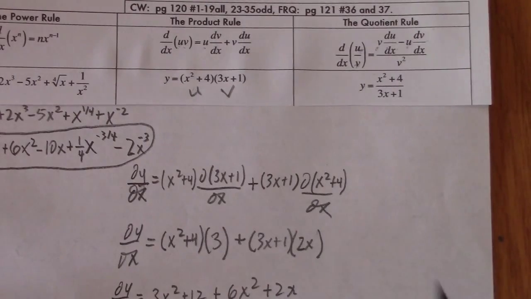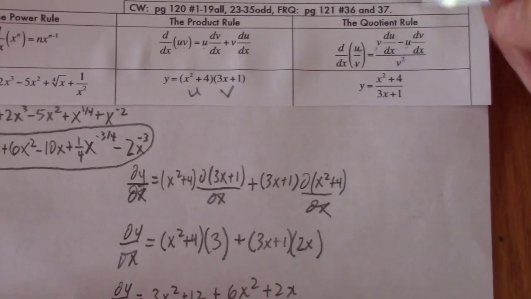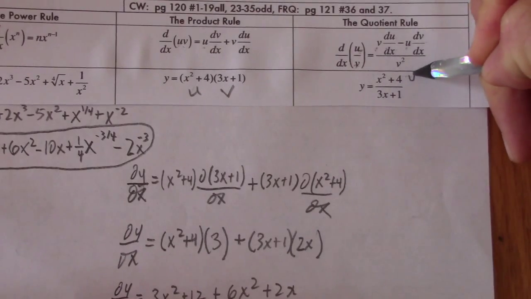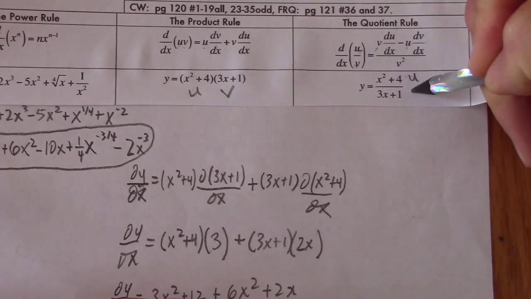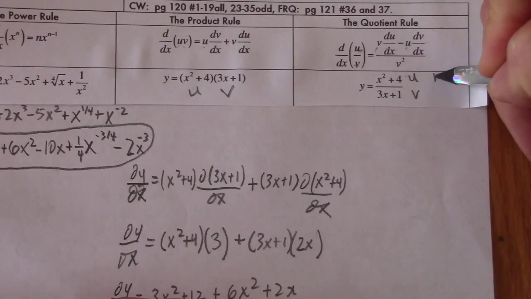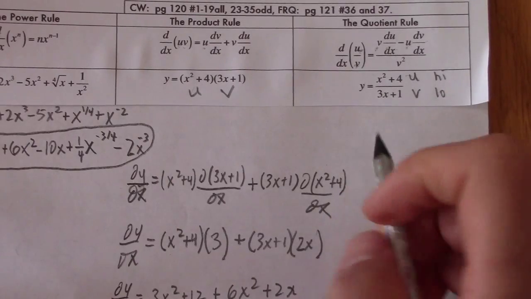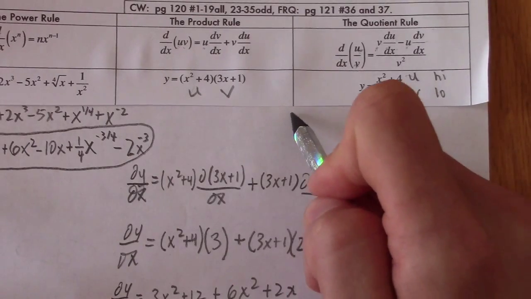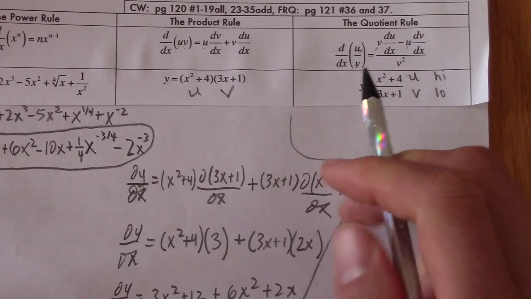But let's apply this quotient rule. In this case, it's important to notice that the u is the numerator, that's the high, and then the v is the denominator, that's the low. So high and low. All right, so if we're going to find the derivative, low d high.